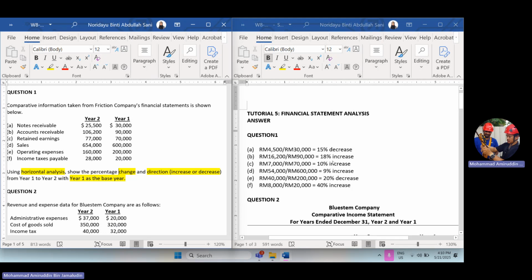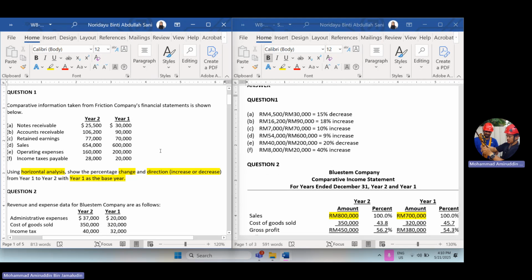Okay, so when you say it is a horizontal, so we are going to compare horizontally, compare years, like here we have 2 columns, right? So horizontally, horizontal analysis. In vertical, we should be using vertical concept, yeah?